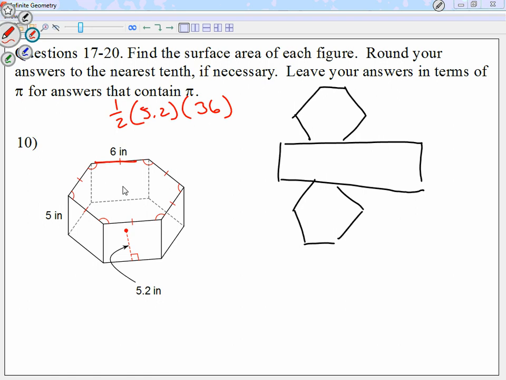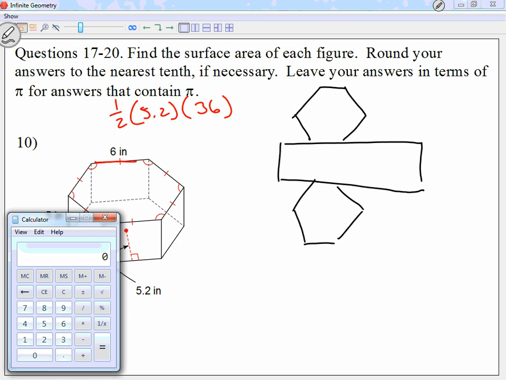So I'm just going to multiply that out. 1/2 times 5.2 times 36. So each base happens to be 93.6.